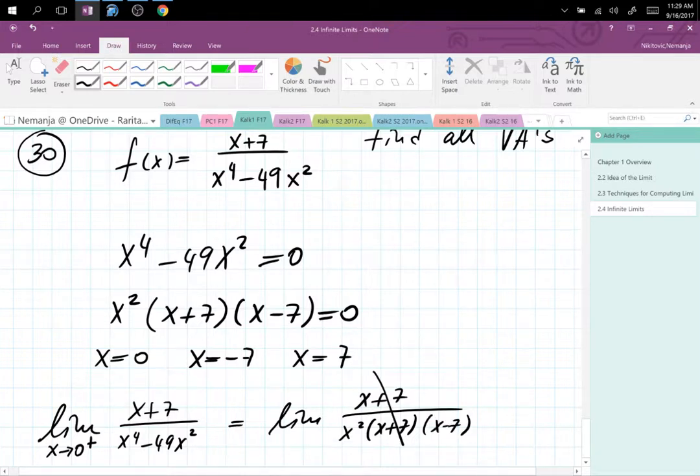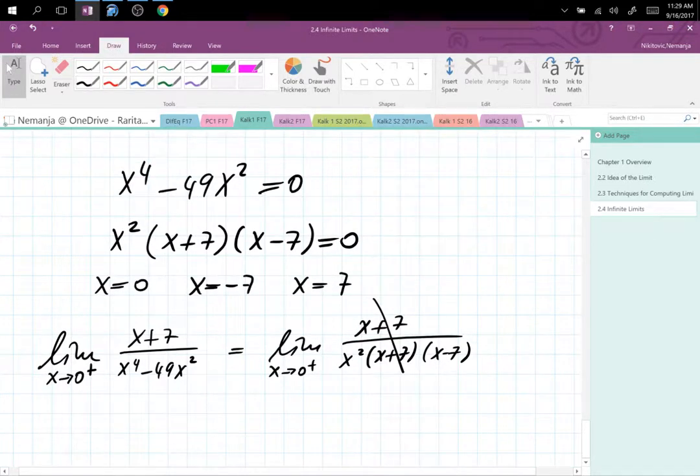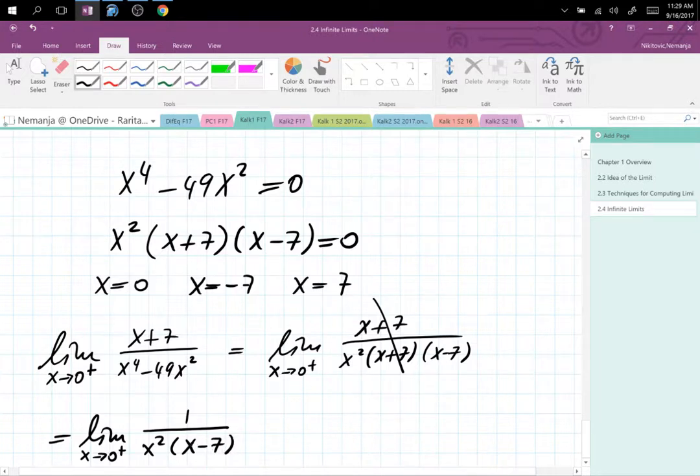These guys die off, and we are left with the limit as x goes to 0 plus of 1 over x squared (x - 7). Now what we are getting is 1 over 0. You will quickly learn that when you have 1 over 0, it goes to infinity.